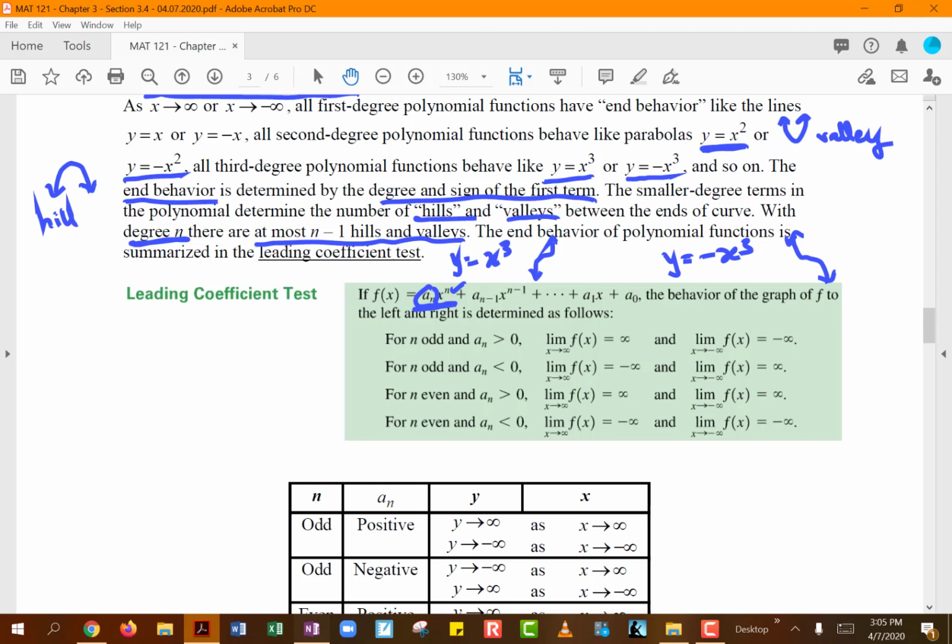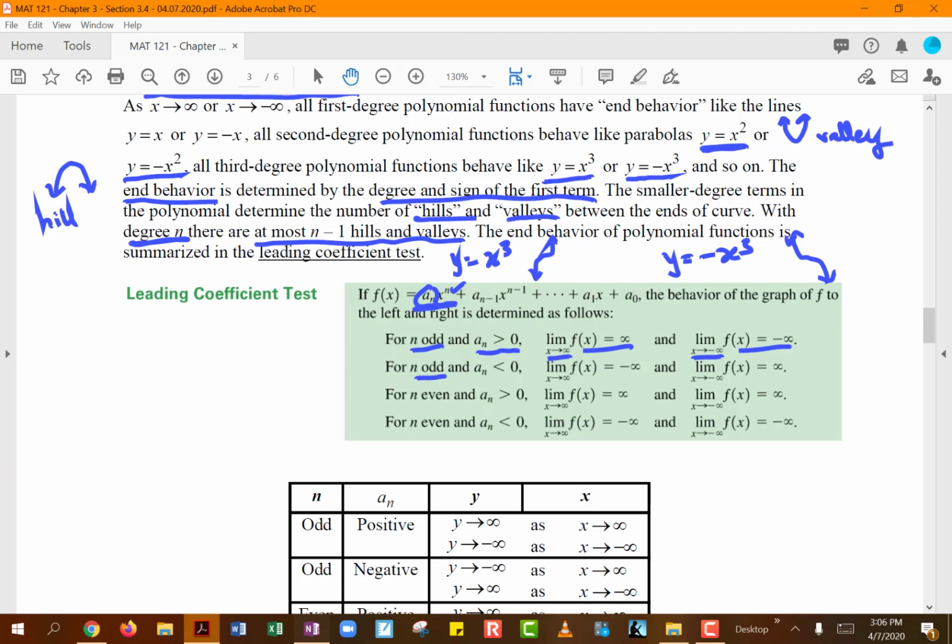If your degree n is an odd number, so a degree 1 polynomial, degree 3, degree 5, degree 7, and your leading coefficient is positive, then as x goes to infinity, your function also goes to infinity. And as x goes to negative infinity, your function also goes to negative infinity.